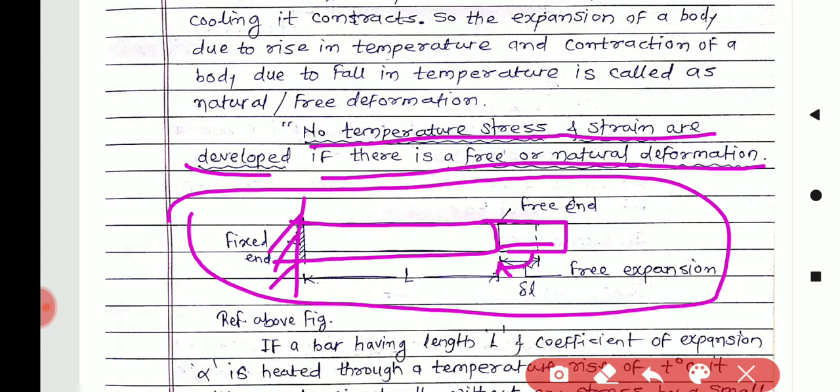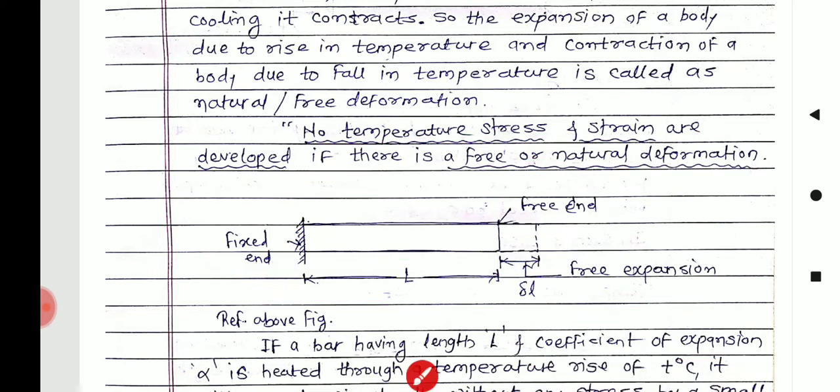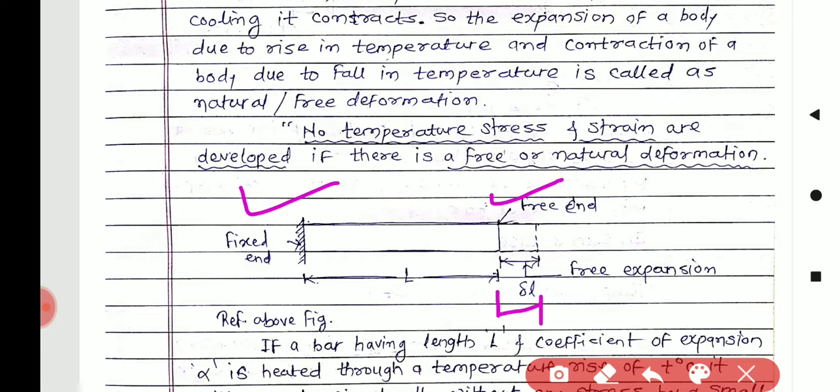This is the fixed end and this is the free end. When the body is heated, it expands like this, and that expansion is known as free expansion. In this case temperature stress and strain will not be developed.